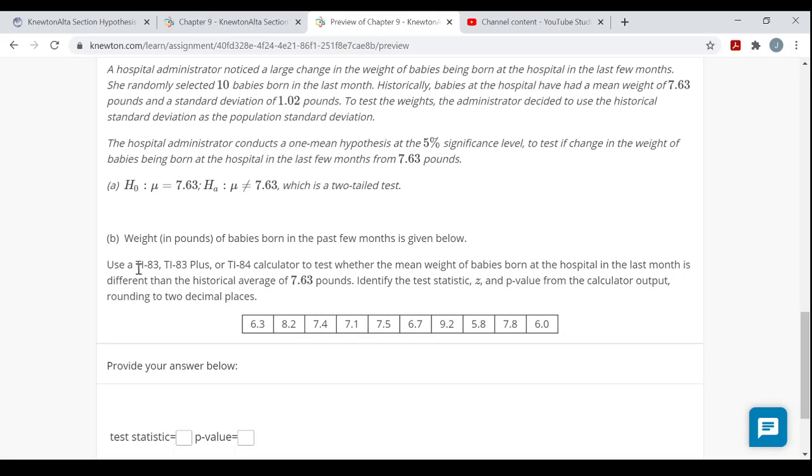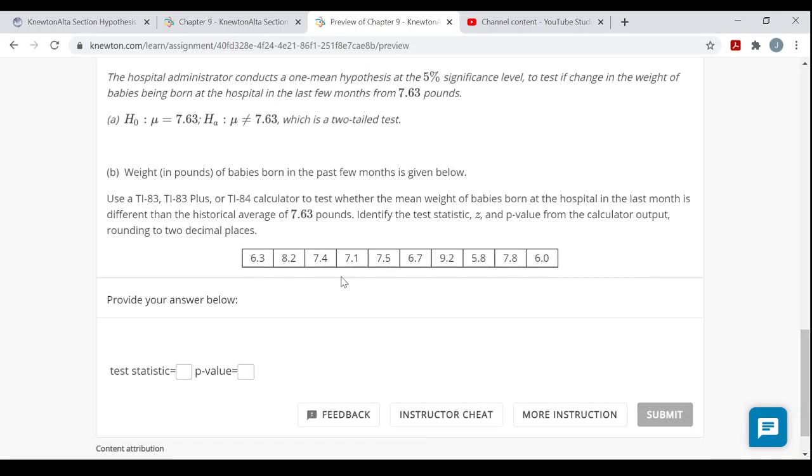It says to use our calculator to test whether the mean weight of babies born at the hospital in the last month is different than the historic average of 7.63 pounds. Identify the test statistic, write the z-score for this sample mean, and the p-value from the calculator output, rounding to 2 decimal places.